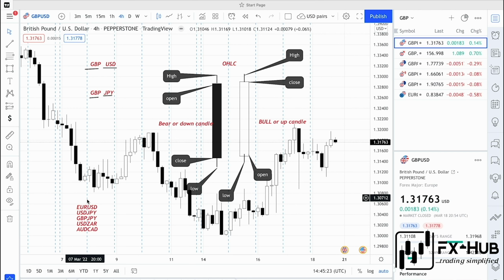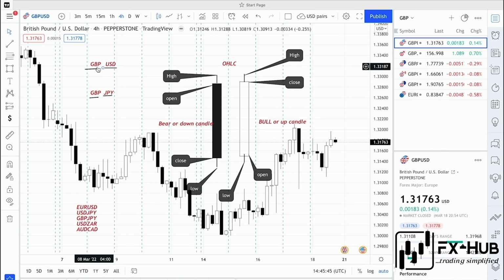And the quoted currency is the one on the right. The quoted currencies here are the USD, the JPY, the JPY again, the ZAR, which is South African Rand, and the CAD.